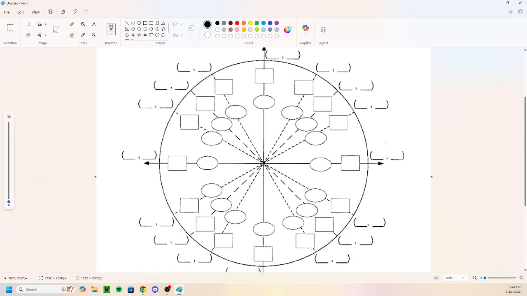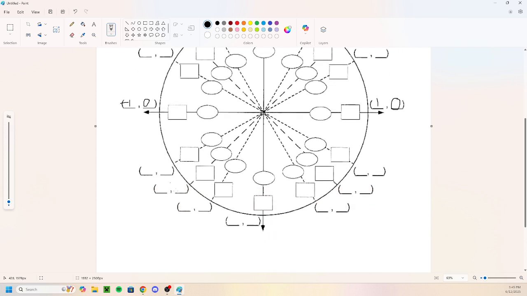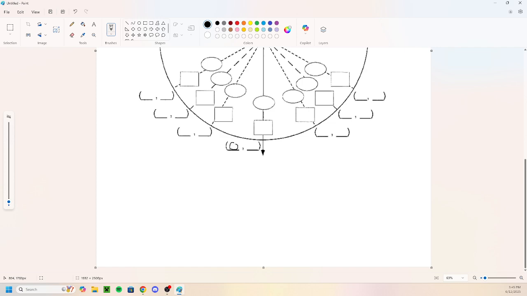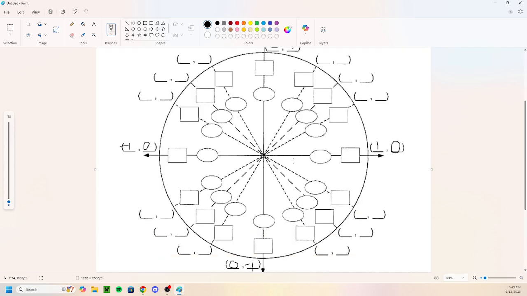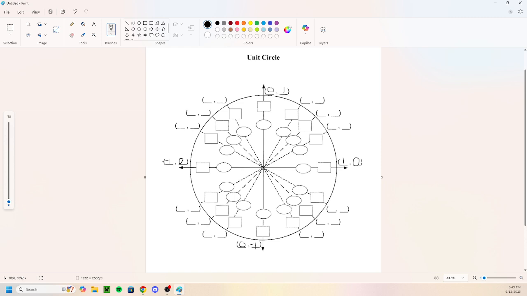So now we're gonna do the pattern again. Hold on, let me do this. So 0, 0, 1, negative 1, 0, 0, negative 1. And also, you need to learn your quadrants. So this area, this one's gonna be quadrant 1, and quadrant 1 is positive, comma positive.